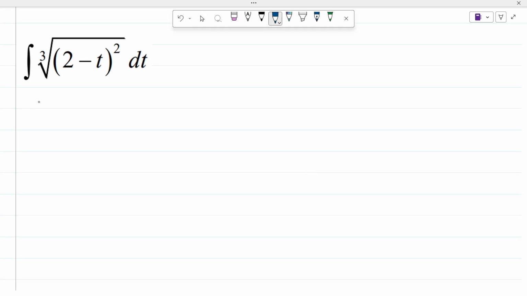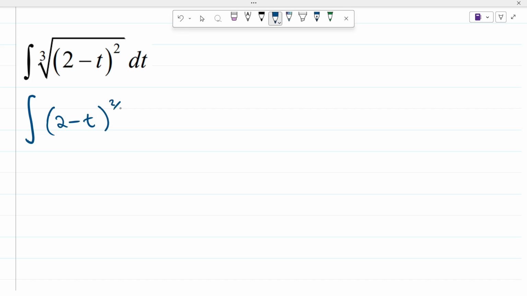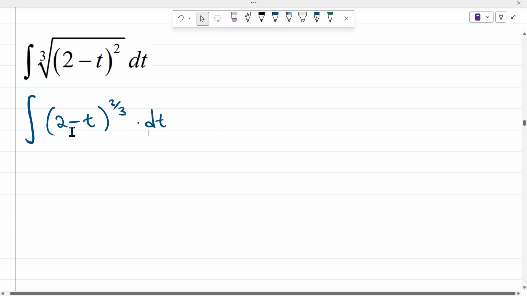So let's first start by rewriting this in a nice way so that we minimize mistakes. So this is (2 minus t) to the power 2 over 3 dt. So now we check, can we simplify this? No, we can't.